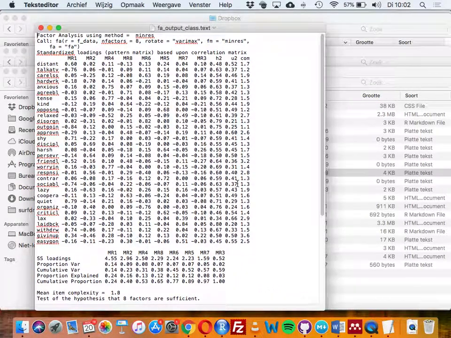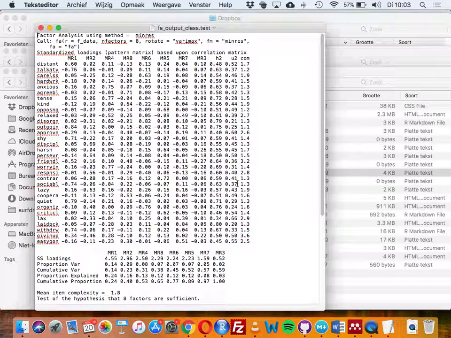You can see the first thing, for example, loads quite strongly on being quiet, being distant. What else do we have in here? Negative with talkative, so 0.76 negative with talkative. So likely it's tapping into some measure of introversion. Yeah. And so for every single one of those, you could then have a look and see this taps into laziness, discipline.